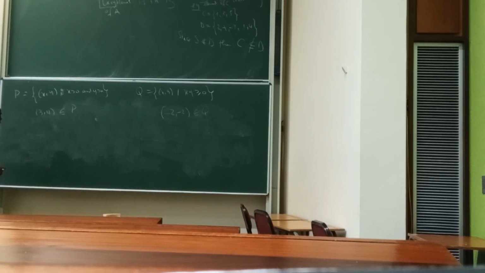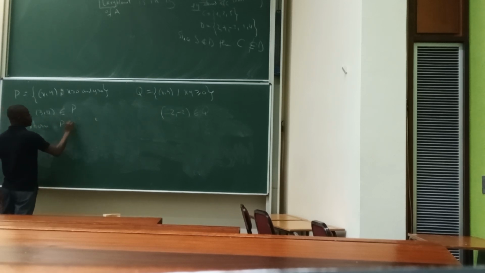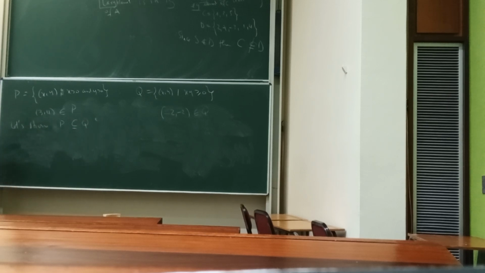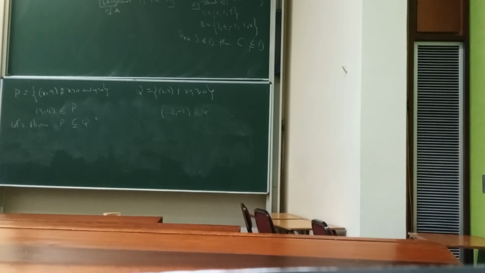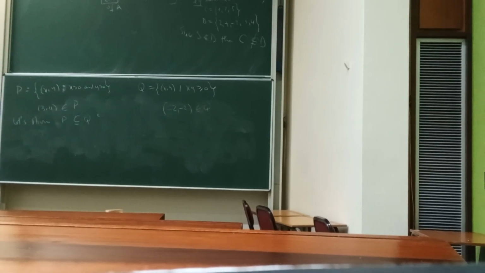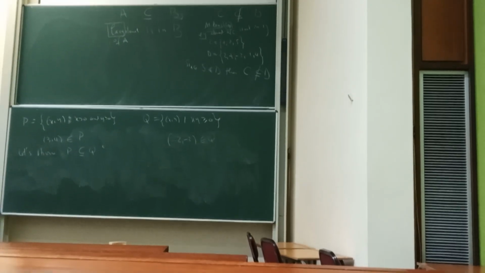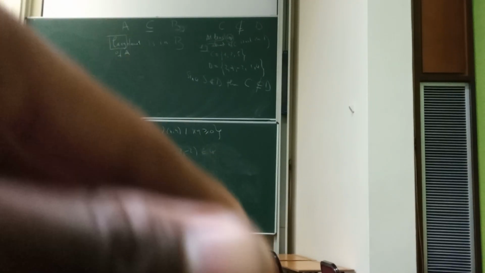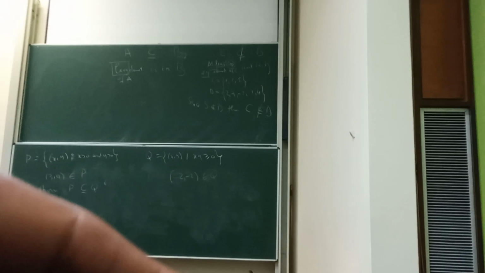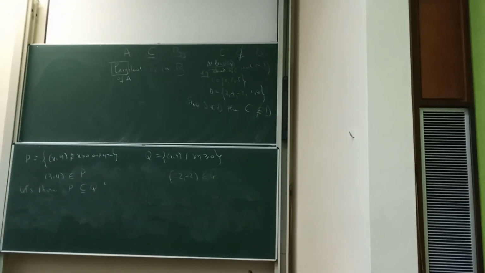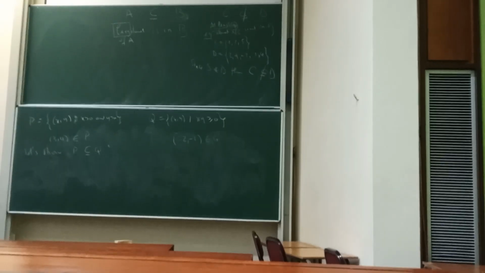Now, we want to show that this set P is a subset of Q. What does it mean? Let's show that P is a subset of Q. As I said to you, if you want to show a statement like this, you need to take every element of P and then show that those elements are also in Q. So you should not be exhibiting an example.